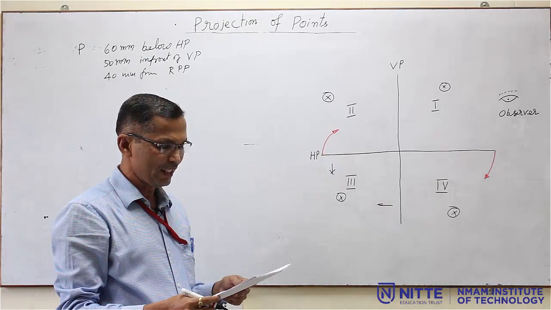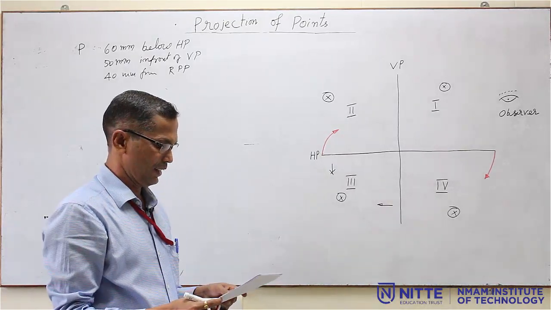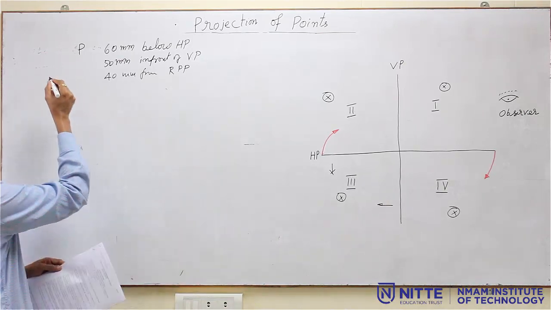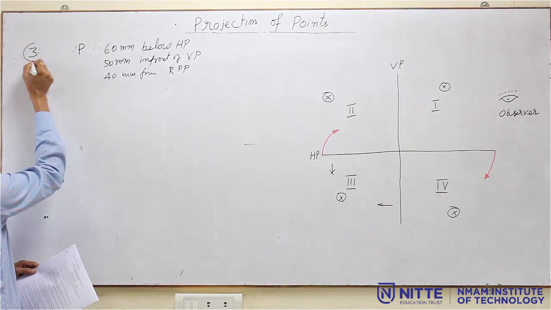Also state the quadrant in which it lies. So, you have to draw the 3 views of this point. This is from the question bank, problem number 3.